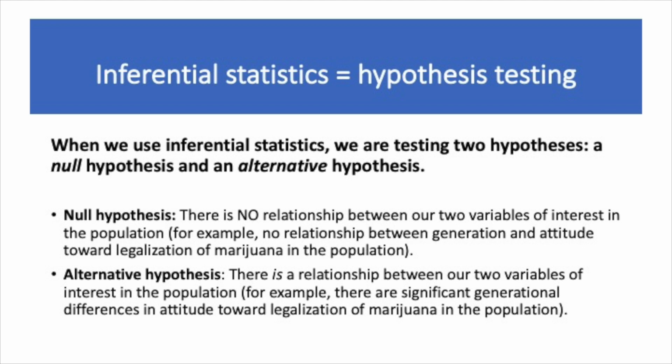Basically, with inferential statistics, bringing it back to that probability that we were talking about before, inferential statistics is a way of testing the probability that our null hypothesis is true, given our results. Going back to the M&M's example, our null hypothesis perhaps was that there is a 25% chance of drawing a blue M&M each time.